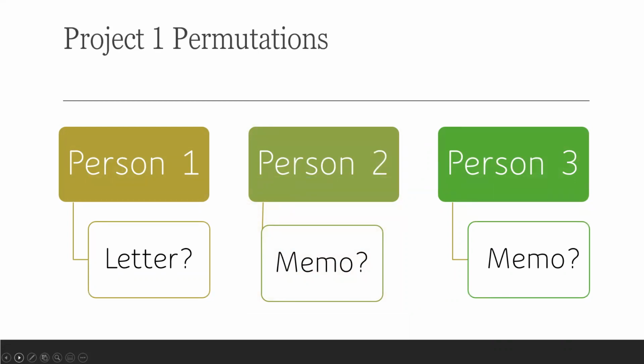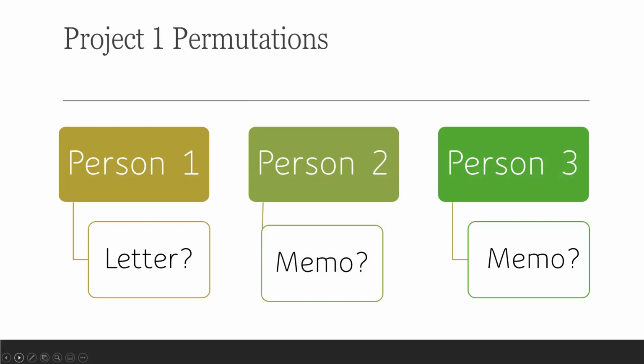For you, based on whatever logic you apply to your scenario and the audiences, maybe your permutation is going to be 2 emails and a memo, or 2 letters and a memo. There's no wrong or right permutation, but for some audiences, one type of document will be more appropriate versus another.